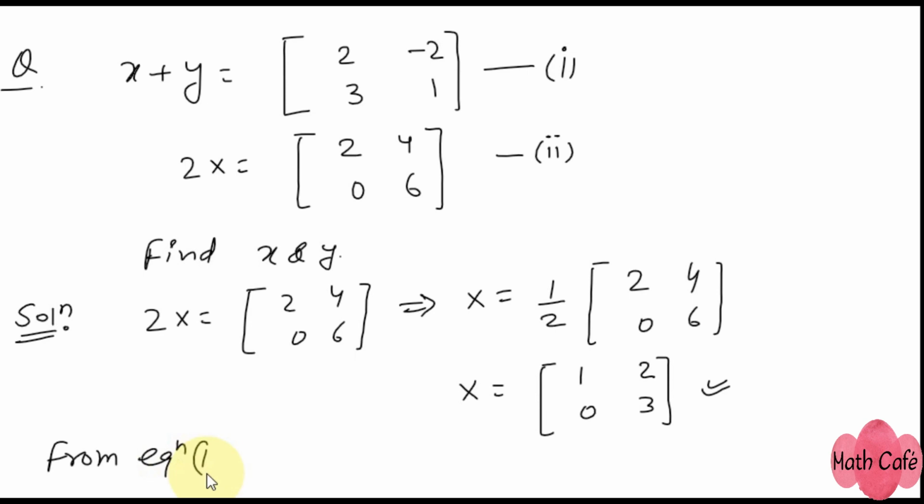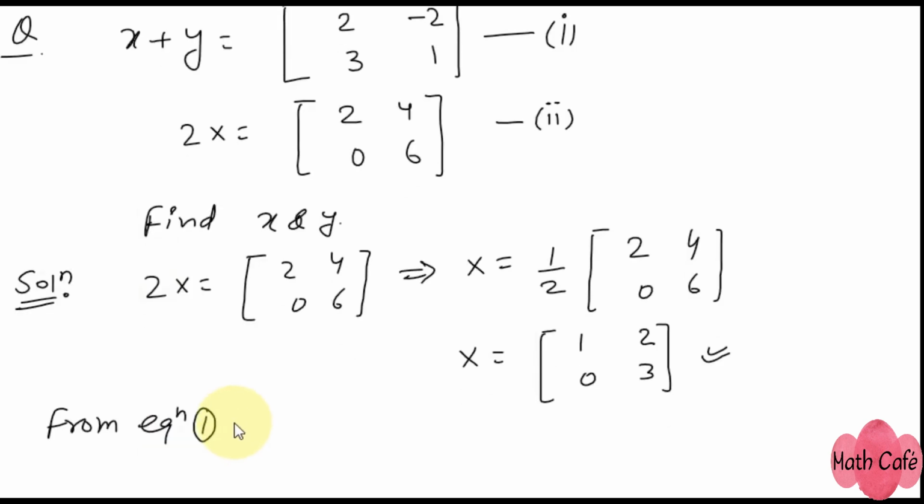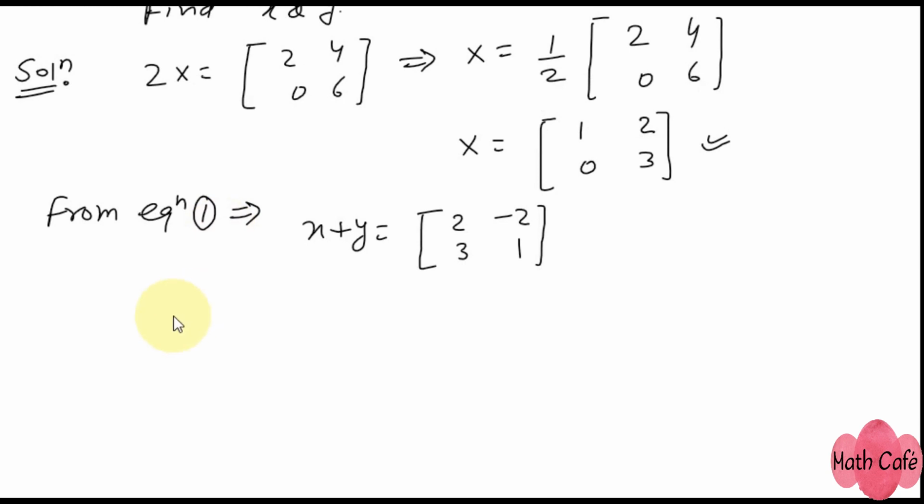Alright, from equation number 1, it is given that X plus Y is equal to 2 3 minus 2 1. Alright, and how will we get the value of Y here?